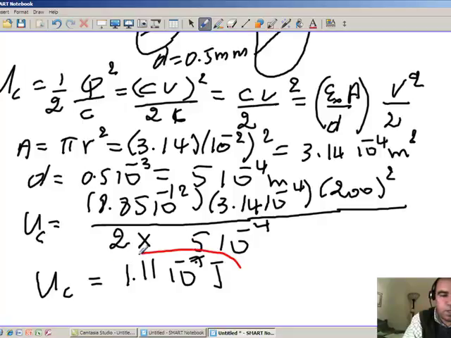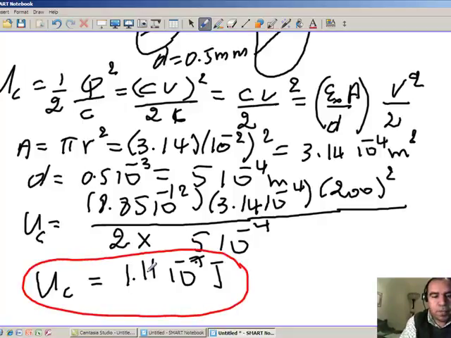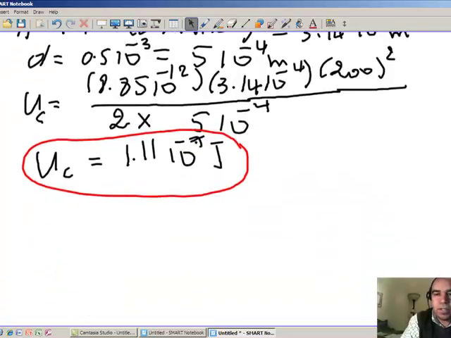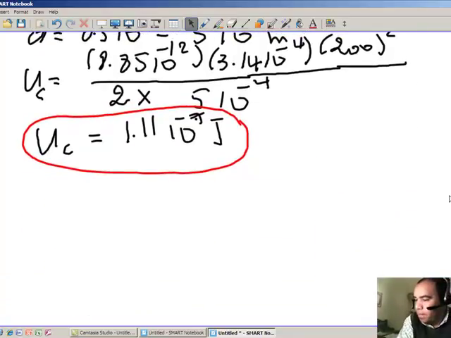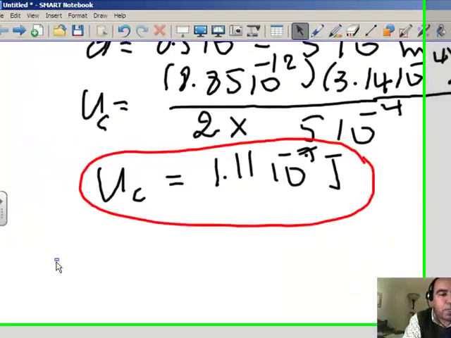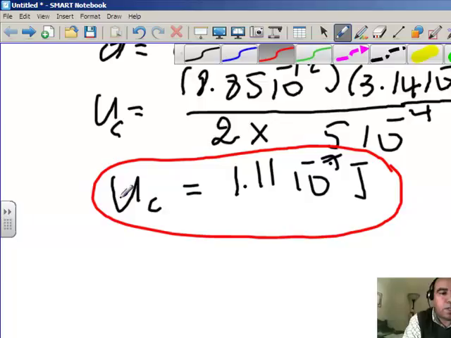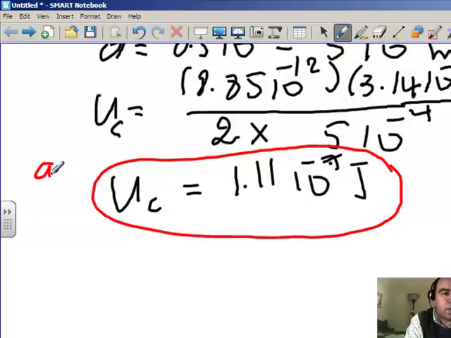Okay, this is your answer: 1.11 times 10 to the negative 7 joules. This is the first part of your problem number 32, chapter 30. This was the answer A.